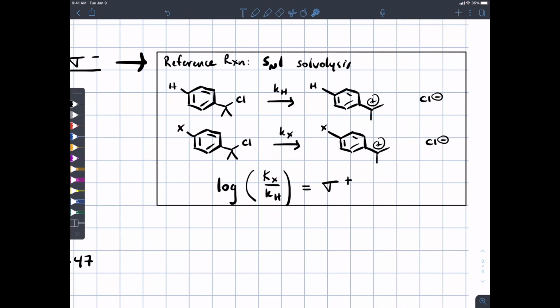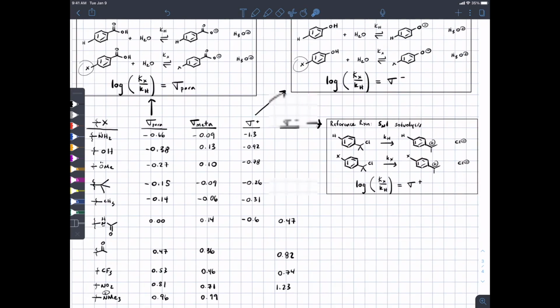You'd expect here electron donating groups to make the reaction faster. And so you'd sort of expect these numbers to be positive, but we switch them so that the sigma values track with the benzoic acid reaction, so that sigma values that are negative mean that there's an electron donating group.